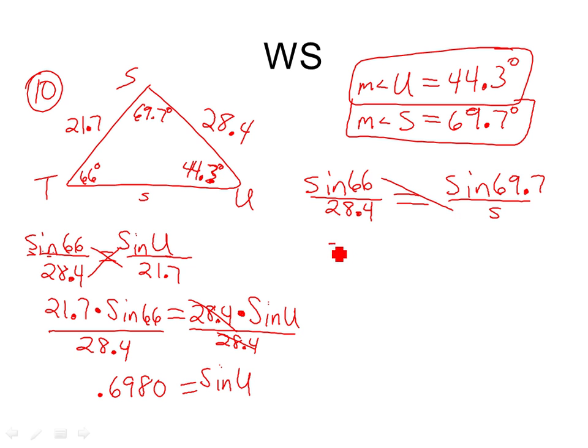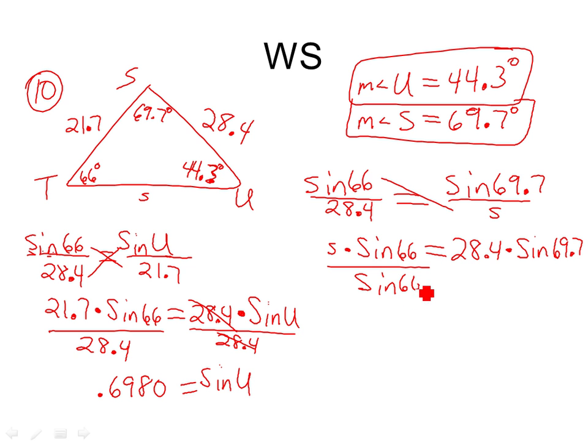Cross multiply, you get little s times sine 66 equals 28.4 times sine 69.7. Divide by sine of 66. You end up with little s equals what? 29.2. Everybody agree with that?